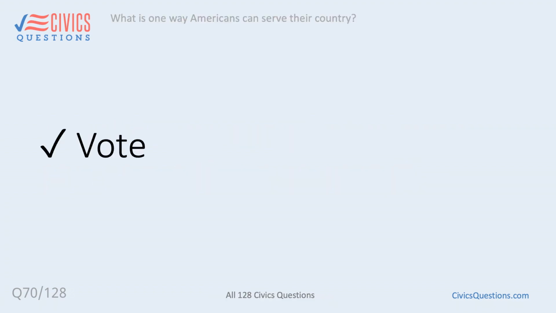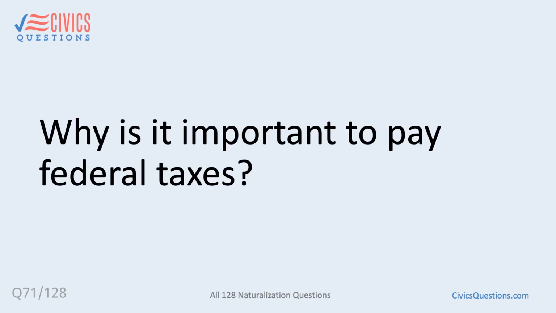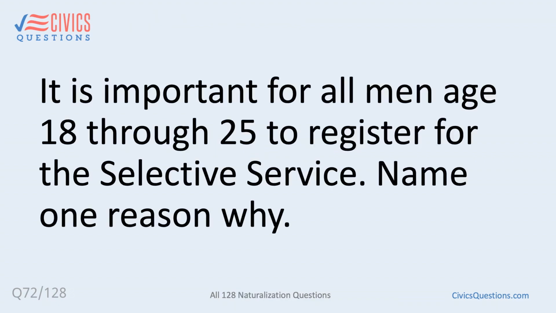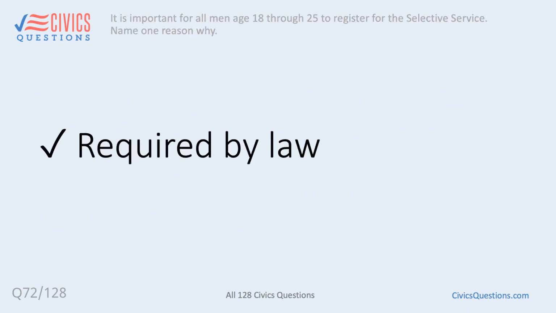Vote. Why is it important to pay federal taxes? Required by law. It is important for all men age 18 through 25 to register for the Selective Service. Name one reason why. Required by law.